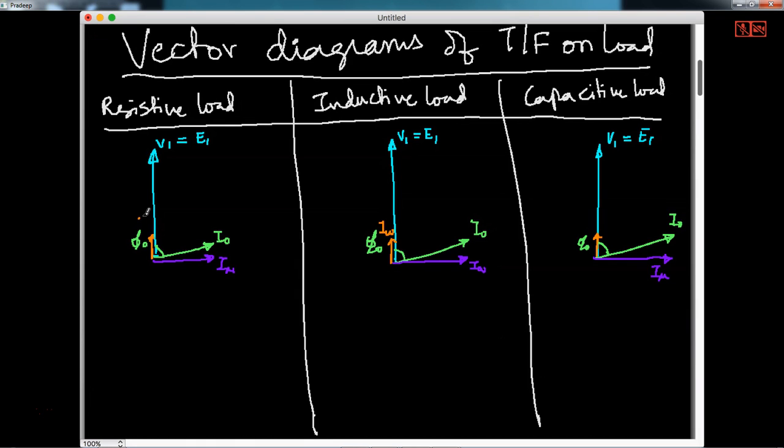So far I just repeated exactly the same diagram in all three. Now the EMF induced in the secondary, this is E2. Strictly speaking E2 should be up, but then it is making the diagram cluttered. So that's why E2 is considered down, because anyway these are two separate circuits, so I can take any direction. So I'll just take E2 down like this.